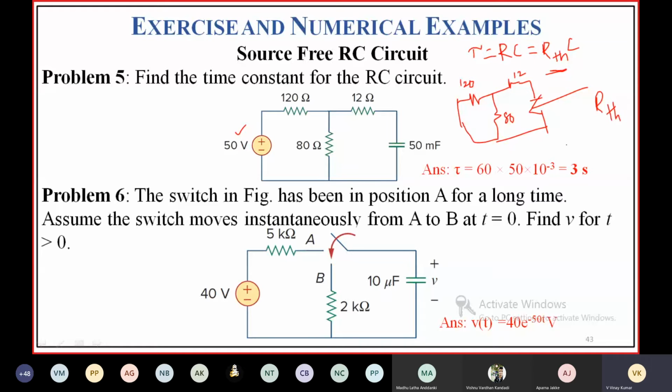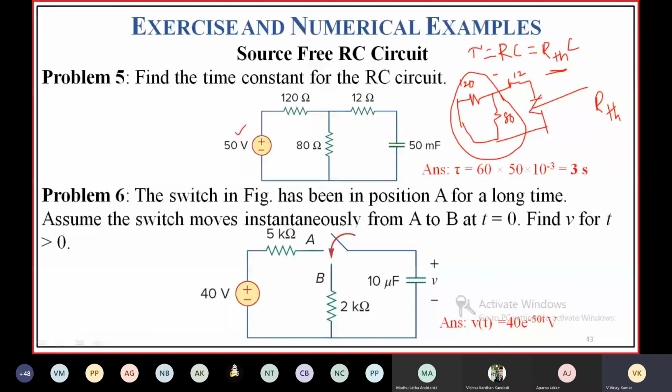After finding RTH, here what will be RTH? 120 ohms and 80 ohms, these two resistors are connected in parallel. So the parallel equivalent would be 120 into 80 by 120 plus 80, which is 48 ohms.